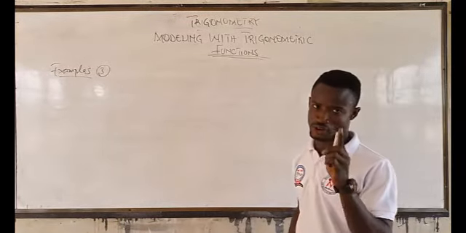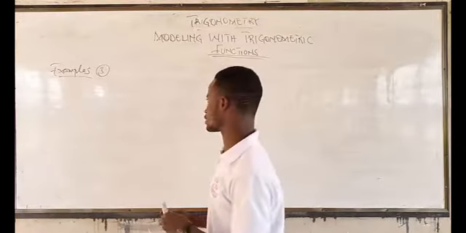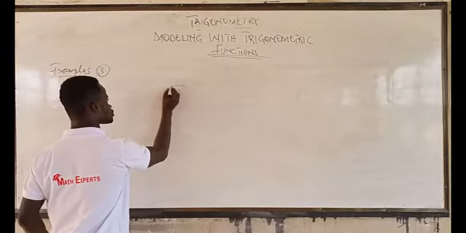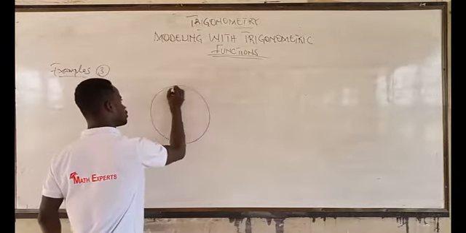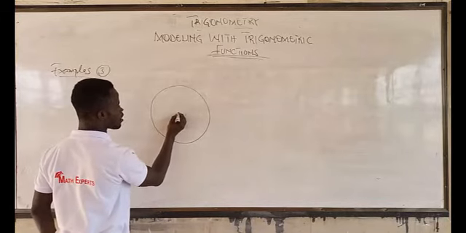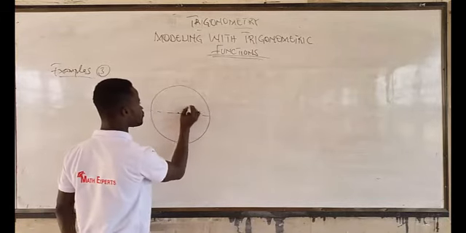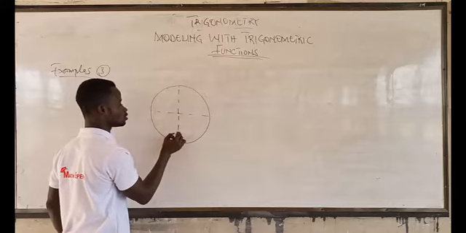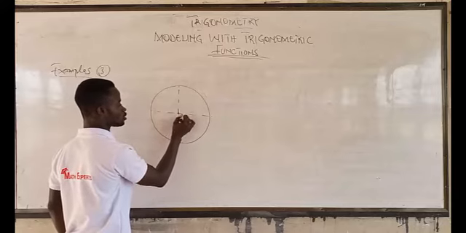A Ferris wheel with radius 24 meters. Then you go and sketch. Ferris wheel. Radius.